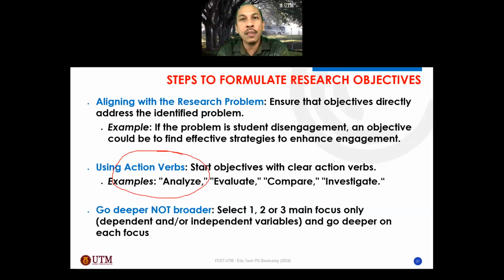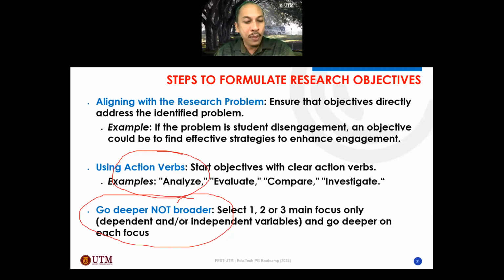Let's say you have 5 research objectives, try not to use every single research objective to investigate. You need to have a rank. First, you want to investigate, and then you want to analyze. Third, you want to evaluate, so that you can see the depth of your research become deeper and deeper. And we go to this one, go deeper, not broader.